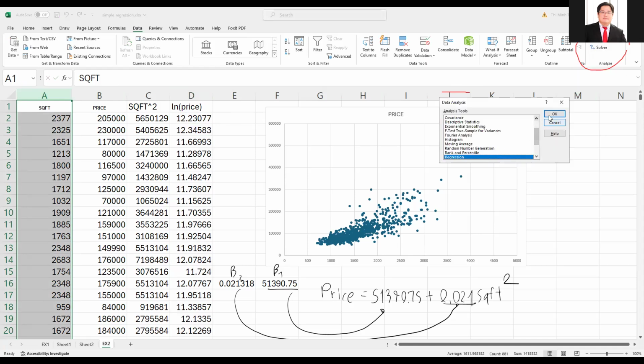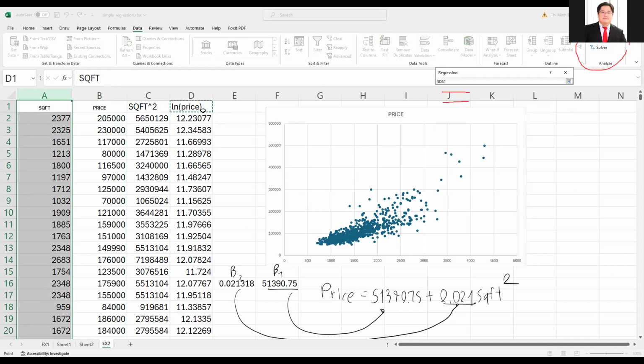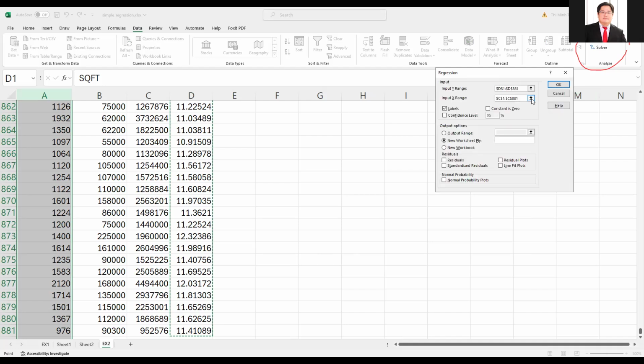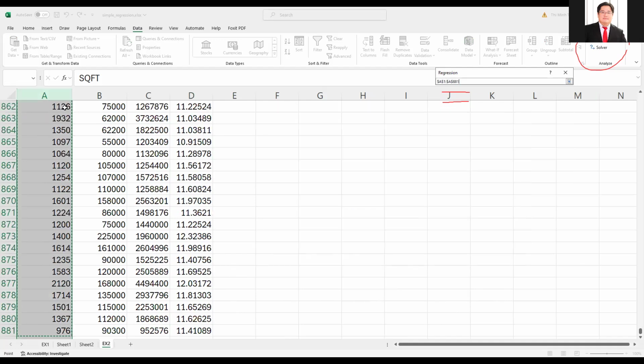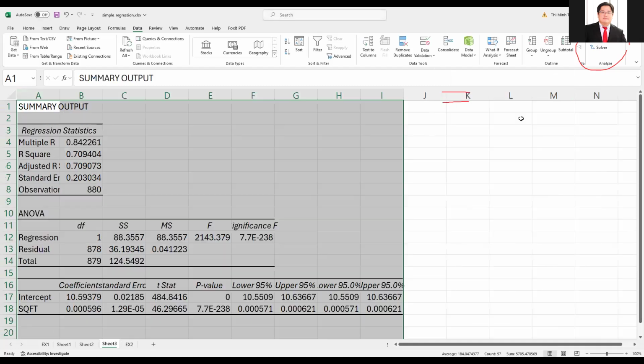Go to data analysis, regression, select Y data, the Y must be log price. And then the X range must be square feet. If you do it correctly, you must get a similar result as me.